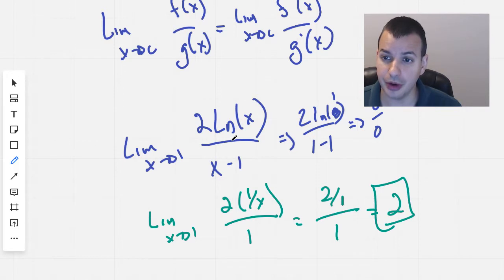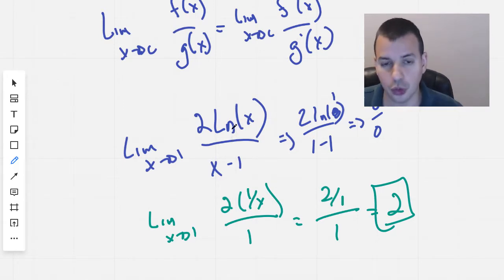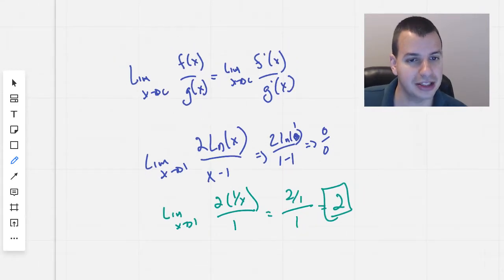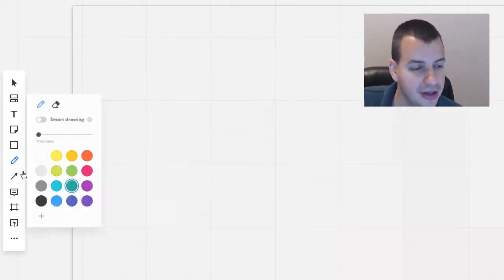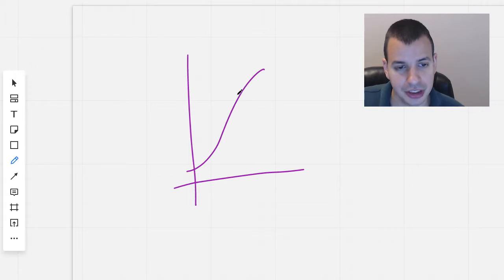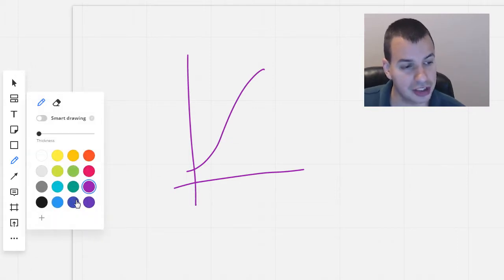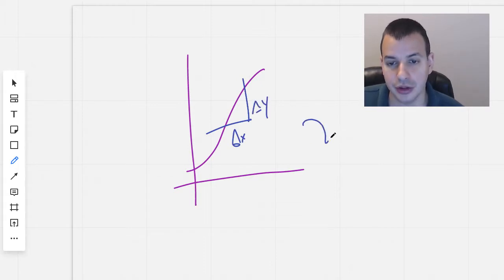Okay, so that was how we dealt with limits. Now, backtracking slightly, back to derivatives. When we talked about derivatives, we talked about how derivatives were, in concept, dy dx, rise over run. We had dx here, we had dy here. We said the derivative would be dy dx.